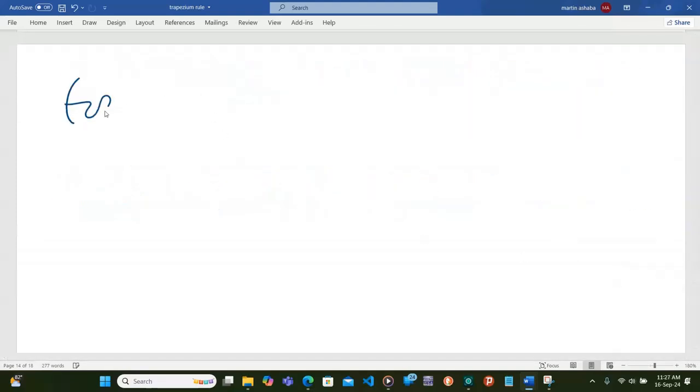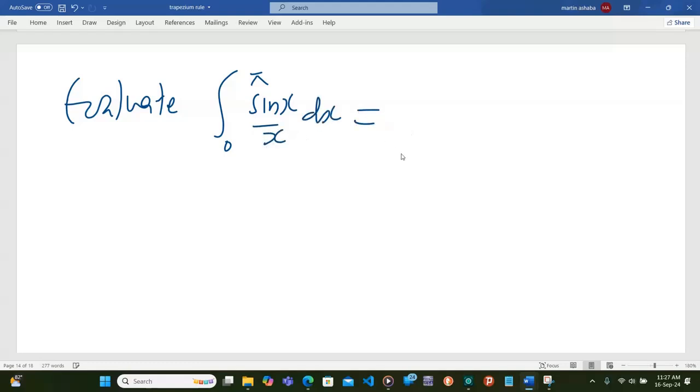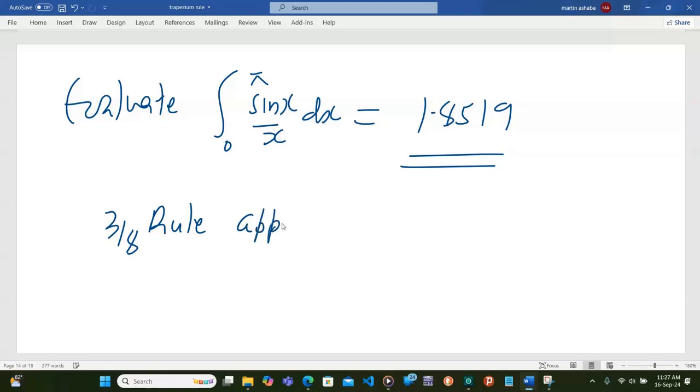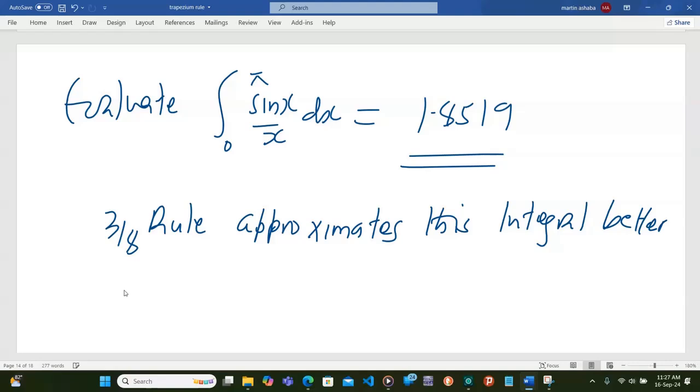If I evaluate that integral from 0 to pi of sine of x out of x with respect to x using a calculator, I get 1.8519. So I can see that the 3 out of 8 rule approximates this integral better than the third rule of Simpson.